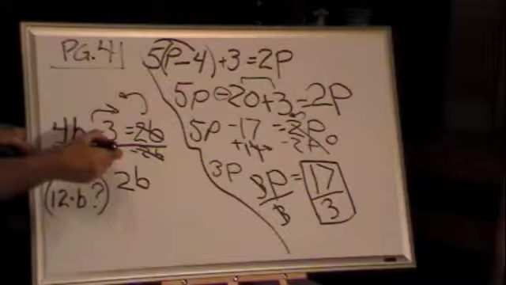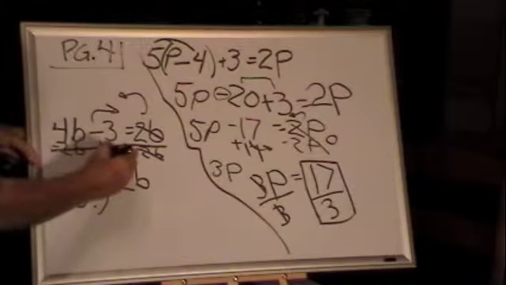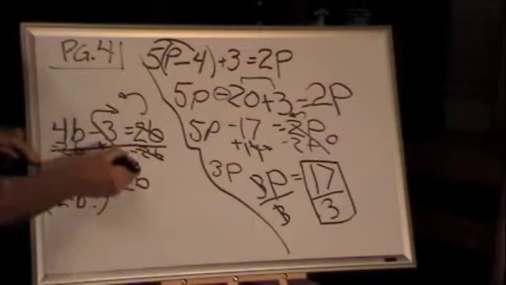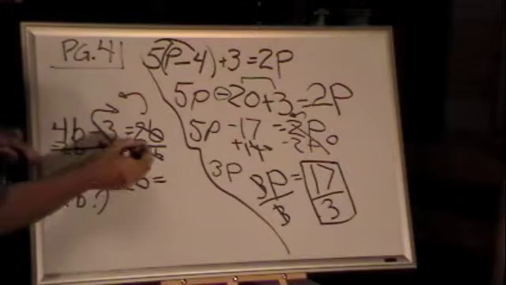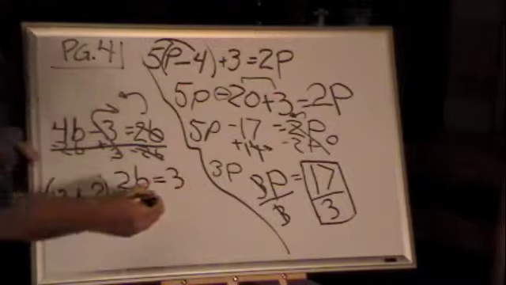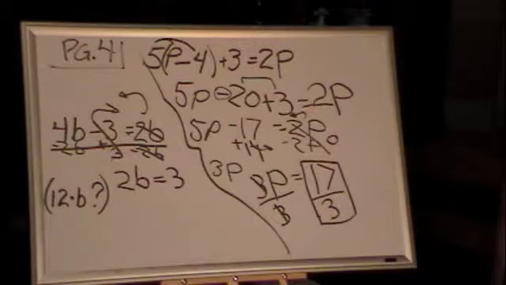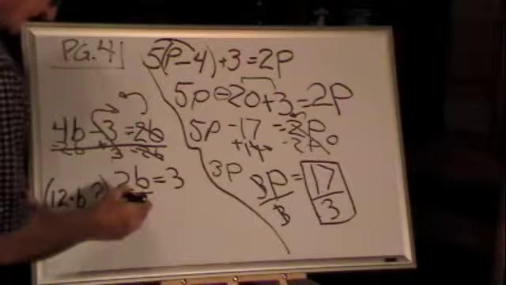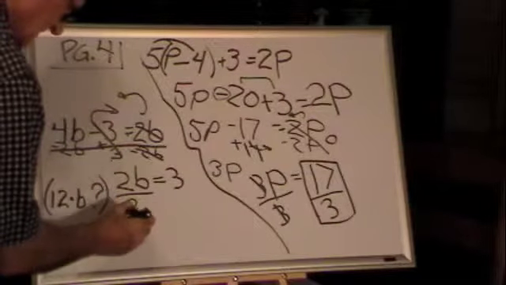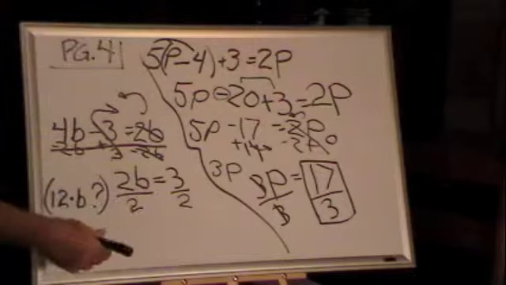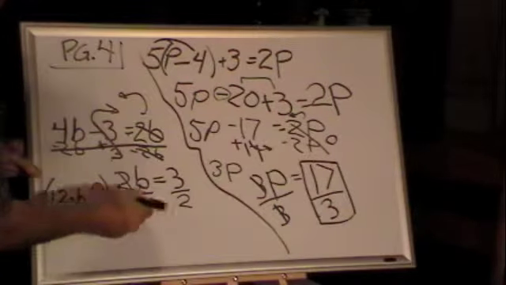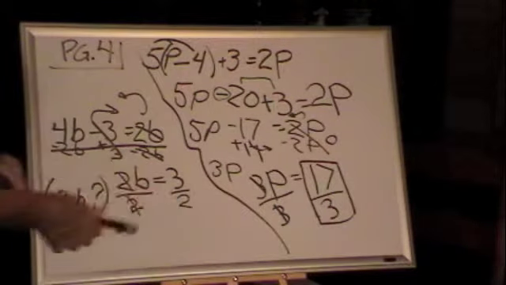Add 3 to each side to move the 3 over, right? Good. That cancels. So 2b equals, move the 3 over here. Wasn't that easy? But we're not done. Divide each side by 2. So, you cancel that. b equals 3 over 2.